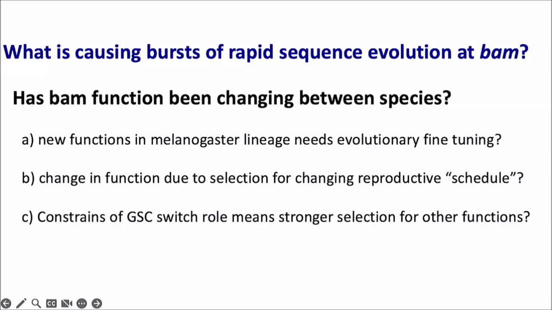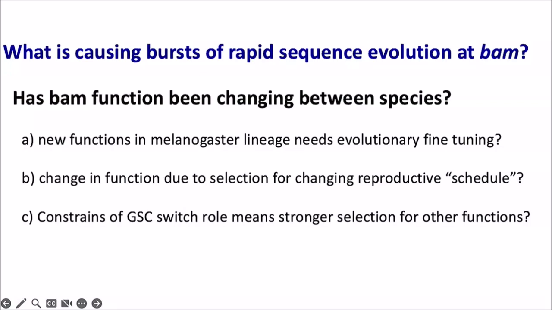And BAM could play a role in the timing of expression. You can imagine that in stable environments, getting all your progeny out all at once could be a good thing, but in an unstable environment, if you happen to dump them out at the wrong time, that's not a good thing. So you can see selection could act there.